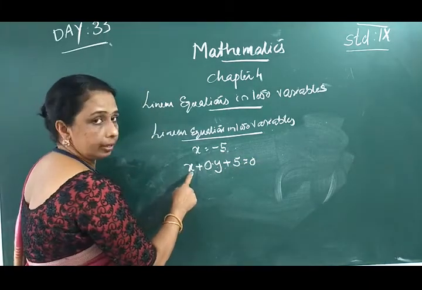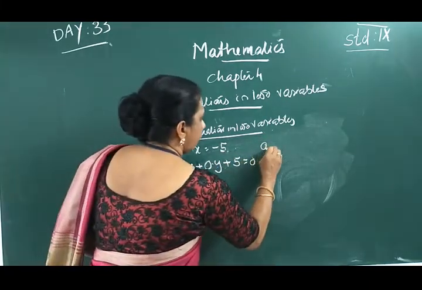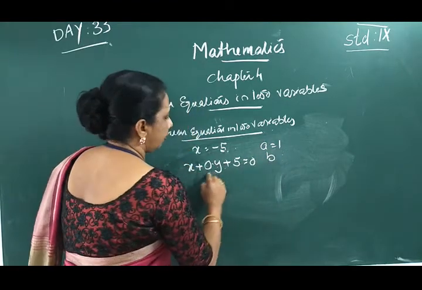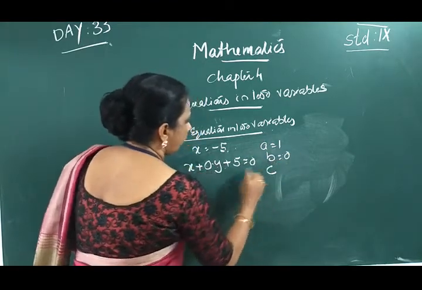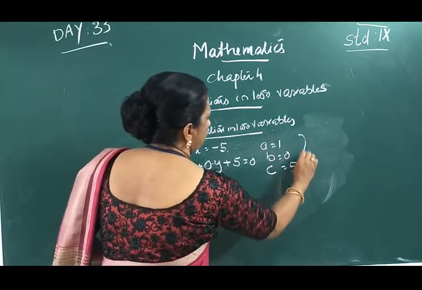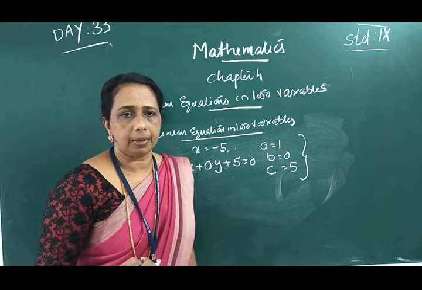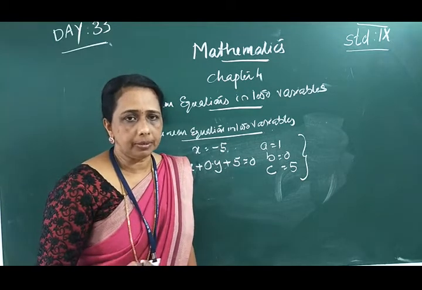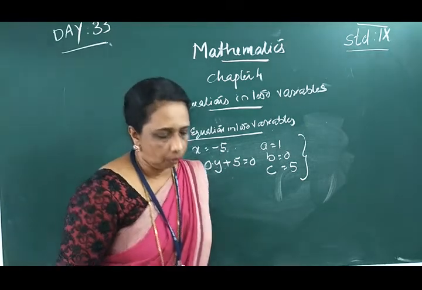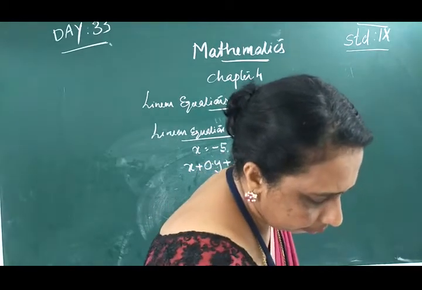What is a here? Coefficient of x, 1. What is b? 0. What is c? 5. This way we can rewrite the given equation in the form of ax plus by plus c is equal to 0.